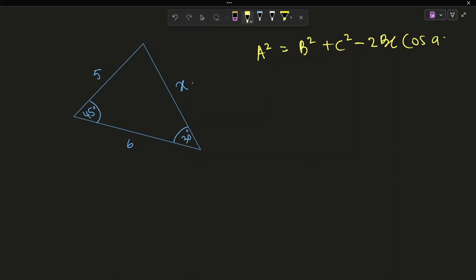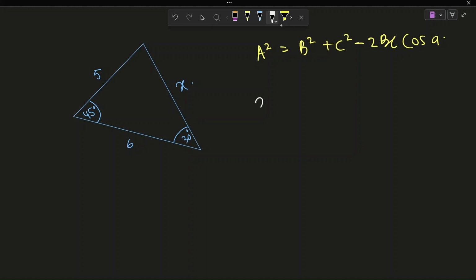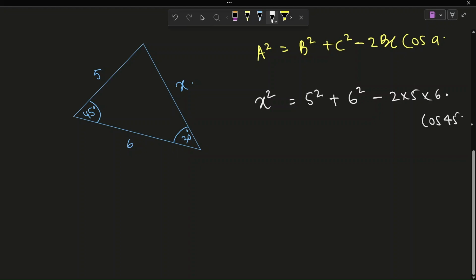Now let's rewrite our formula to match this question. So we're going to get x squared equals 5 squared plus 6 squared minus 2 times 5 times 6 times cos 45 degrees.